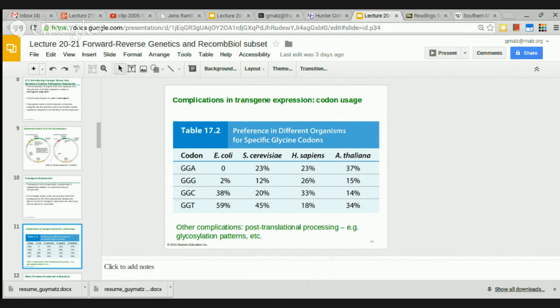And so if I use a human gene where about 25%, or 1/4, of all glycine codons are in fact that codon, I'm going to have trouble. It will get expressed, but I'll have a hard time getting it translated in the bacteria, because the bacteria will not be able to translate that particular codon.